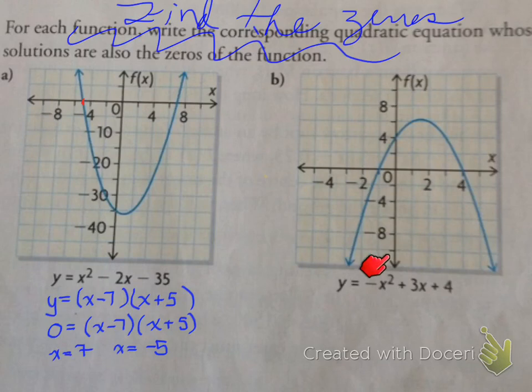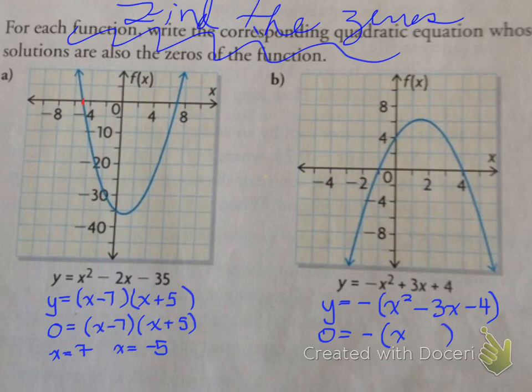Let's do the next one. Let's factor this one. Pulling out the negative, the x squared must be positive, folks, in order for us to factor. So we pull out a negative and set it equal to 0. In fact, we probably could have even moved everything over if we set it to 0 first. But the idea is we need to find the factors.